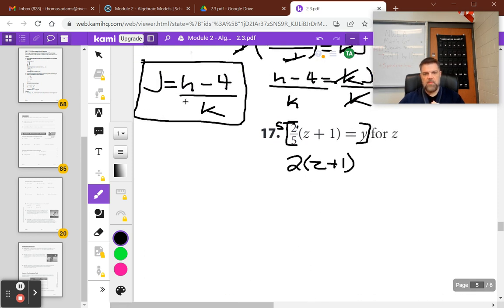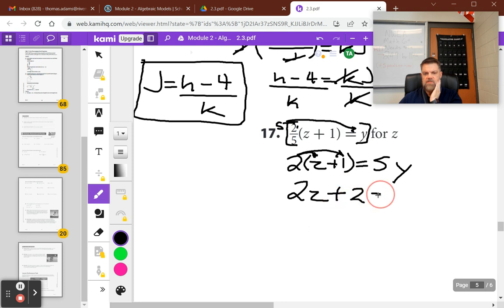So what's 5 times y? 5y. Very good. So now I'm going to distribute the 2 through. 2 times z is 2z. 2 times positive 1 is a positive 2. That's equal to 5y. So now I just solve for z. So I'm going to subtract 2 from both sides.